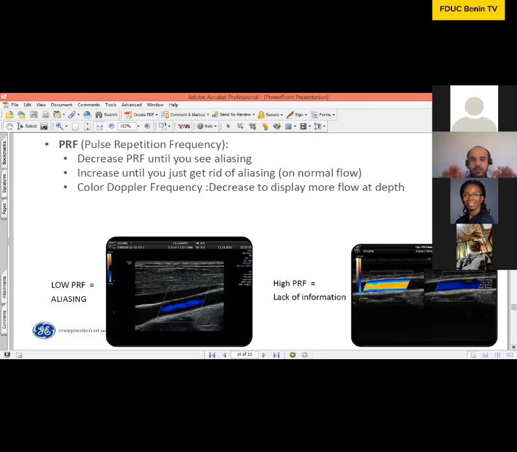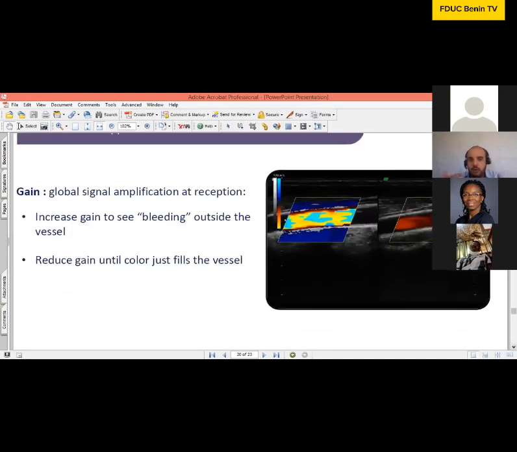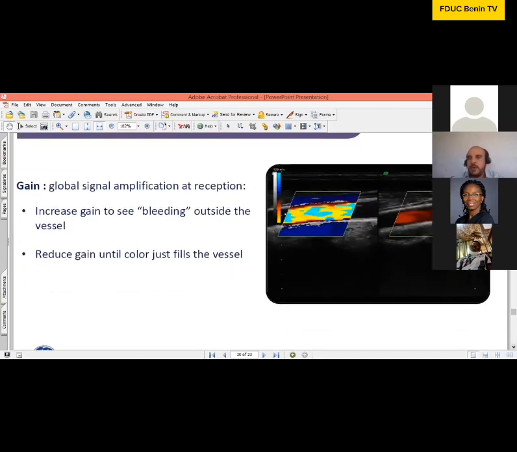And when you see that you get rid of the aliasing, here you will have a very good color Doppler sensitivity and a very good color Doppler optimization. Of course, if you have a very tough patient, a very hard to scan patient, you can play on the frequency. Then what you can use, now that you have the filling, is the gain.